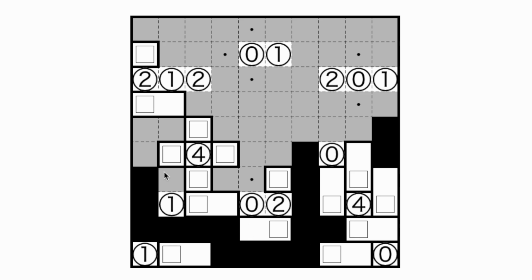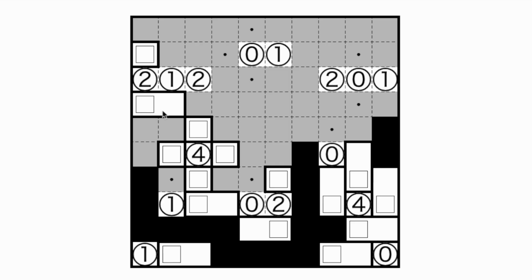We can do that here. Anywhere else? This one. And no, I said that wrong. We don't know if it is shaded or not. That's what I meant to say. We don't know if it's shaded or not, but it does not have a pillow. That's what the dot means.